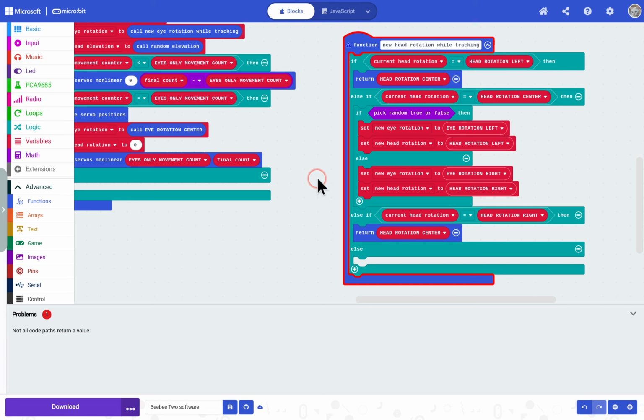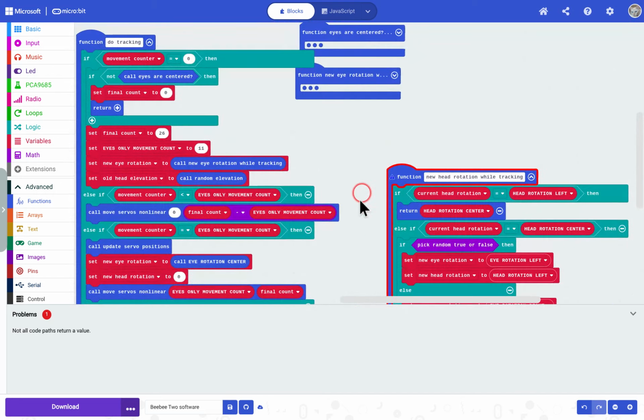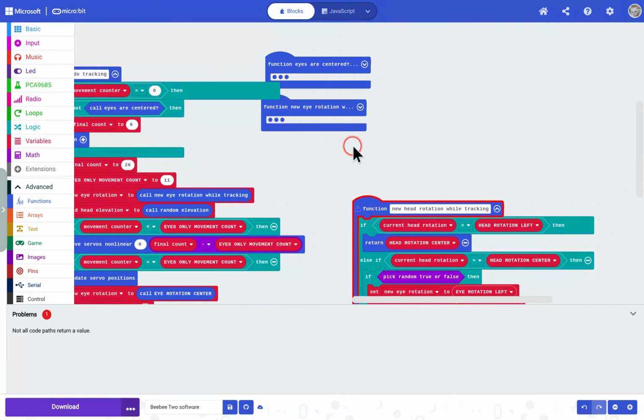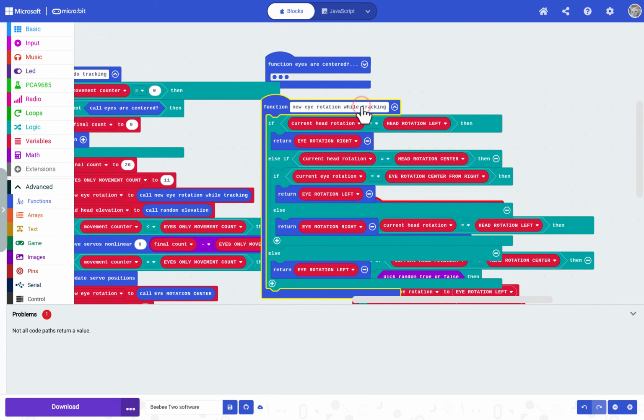Now, as you may recall, when our head rotation was equal to head rotation from the right, we're going to go to the left. So we started out 90, we'll get less than 90 if we were going to the right. So we can steal this out of here.